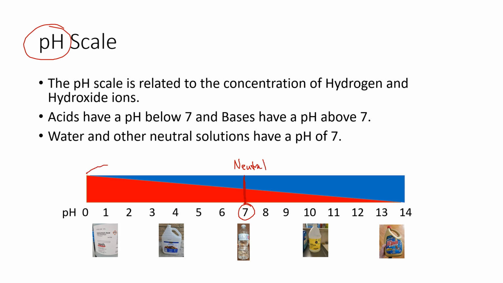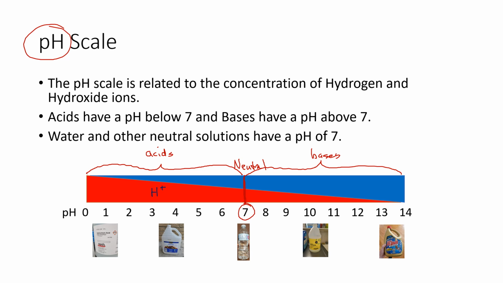Then on this low end of the scale, you've got all of your acids, and they have lots of hydrogen ions in them. So you can see the concentration of hydrogen ions increasing here. And then at the upper end of the scale, we've got our bases.